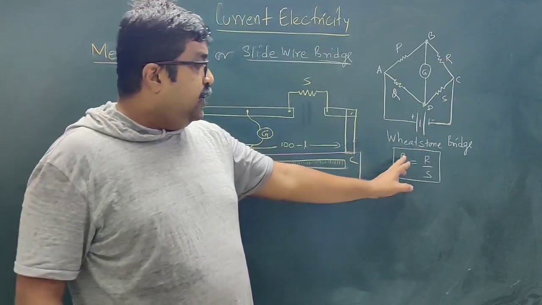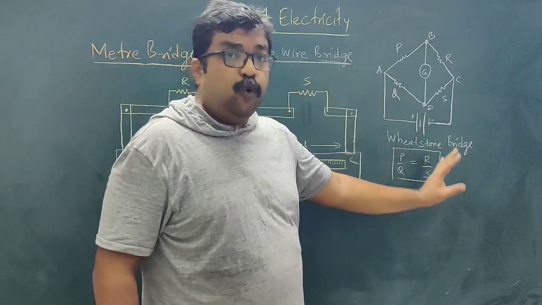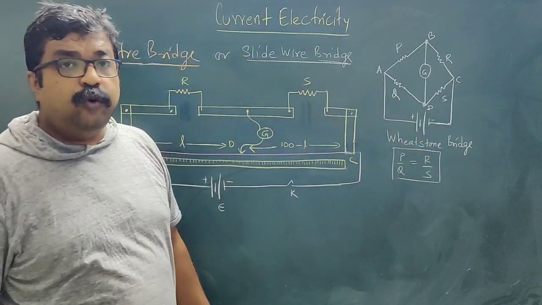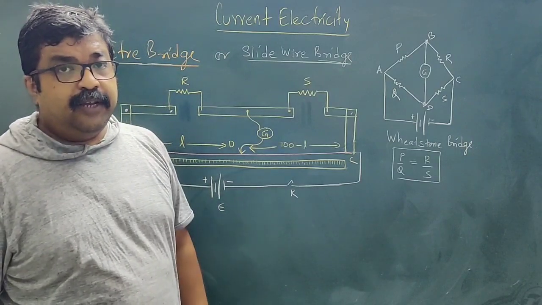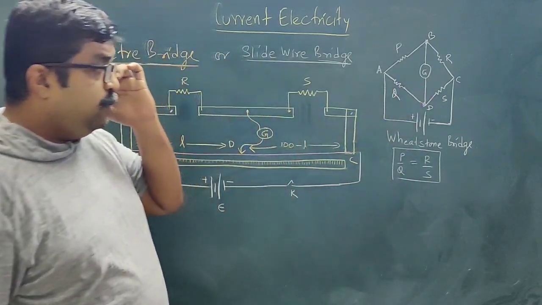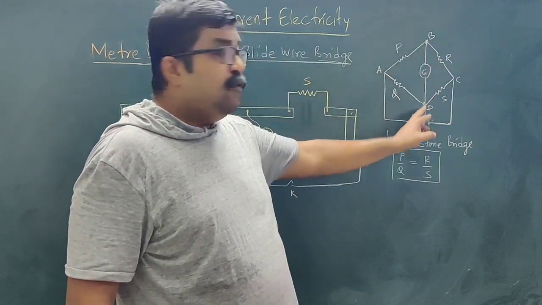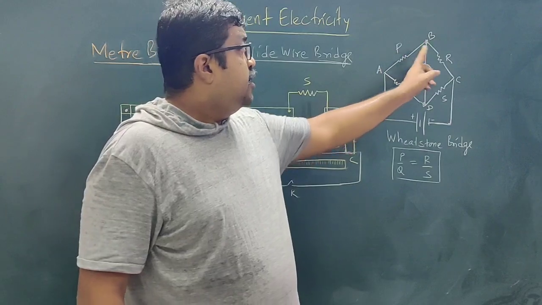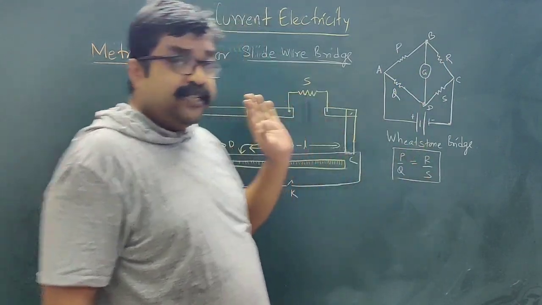Among these four resistances, if three are known, we can find the fourth. That is the Wheatstone bridge principle: under balanced condition, when no current flows through the galvanometer, the resistances are in the ratio P by Q equal to R by S.